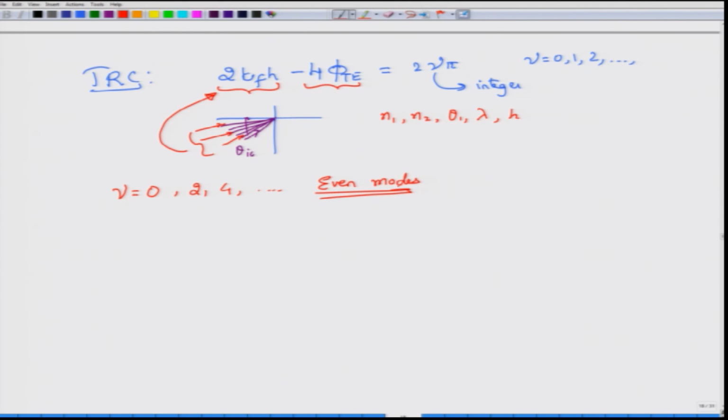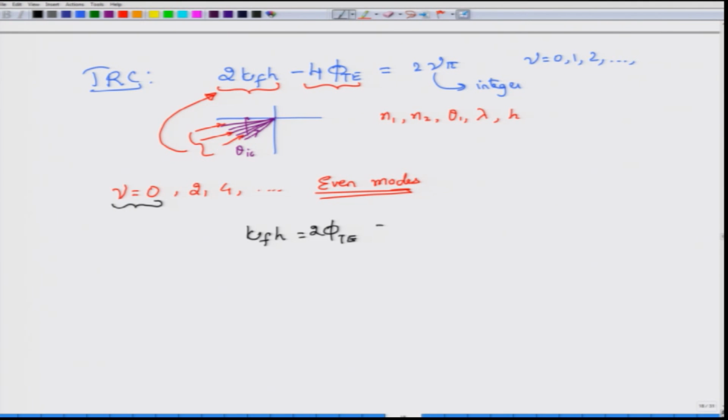It is even because the value of nu, which is an integer, is taken to be an even number. This can be easily simplified for the fundamental case of nu equal to 0. When nu is equal to 0, the right hand side of the TRC will be 0, and on the left hand side I have kappa f h equal to 2 times phi TE.